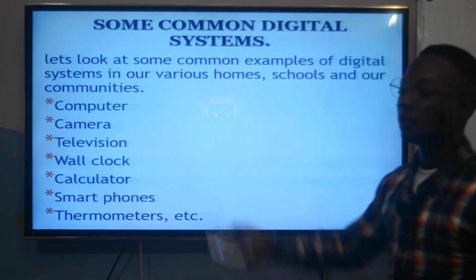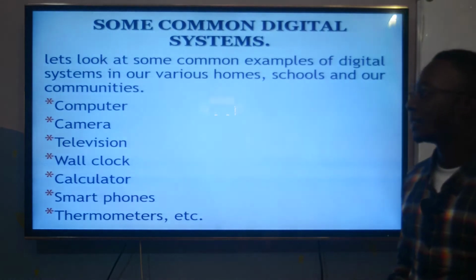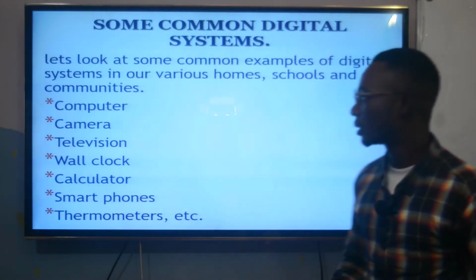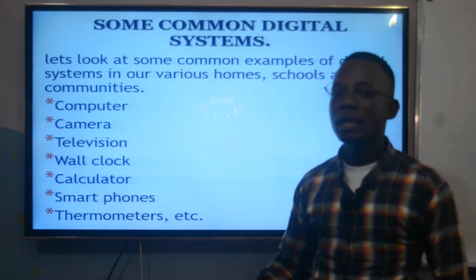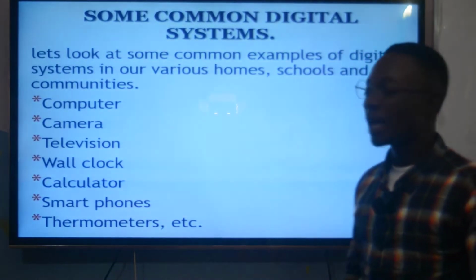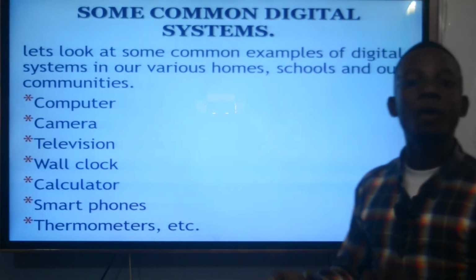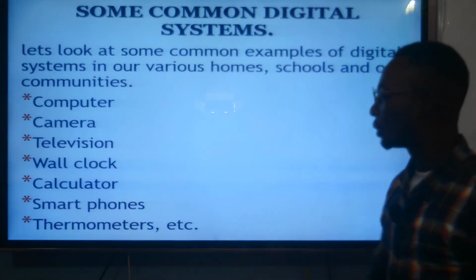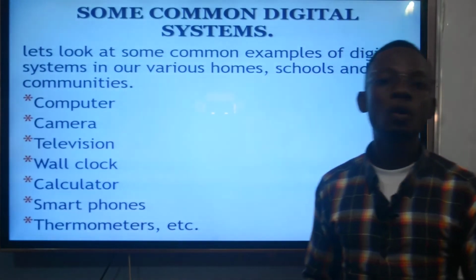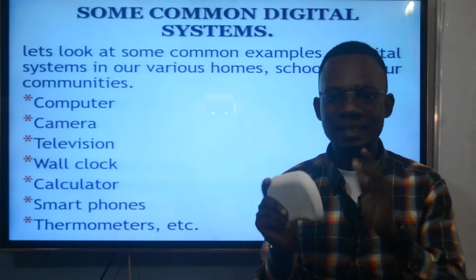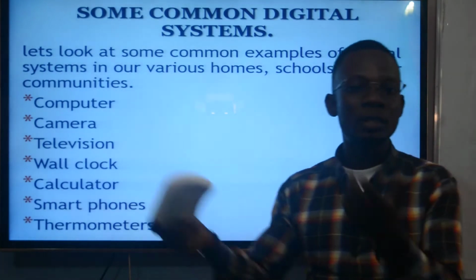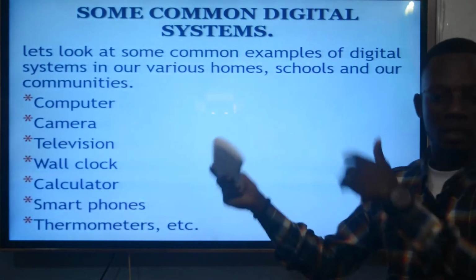We have televisions in our homes, digital and analog ones. We have our wall clock, calculators, smartphones, and thermometers. They are all digital systems, devices that we use in our various homes, offices, and schools.